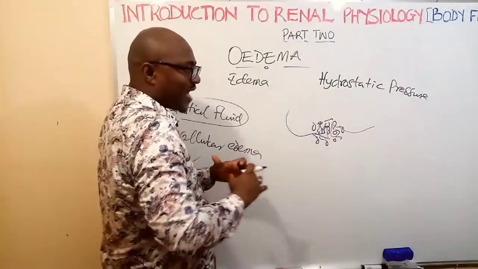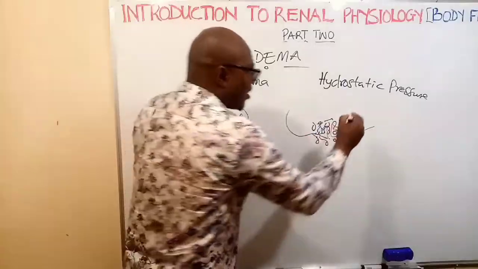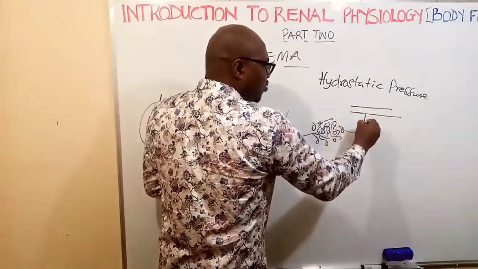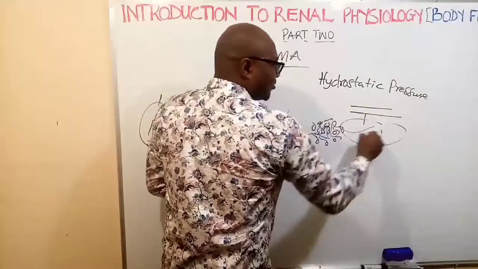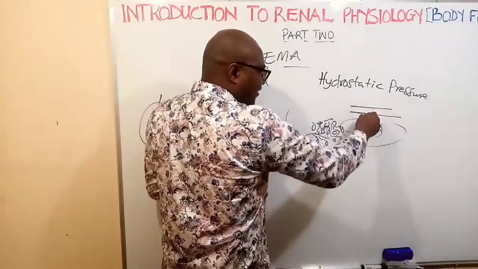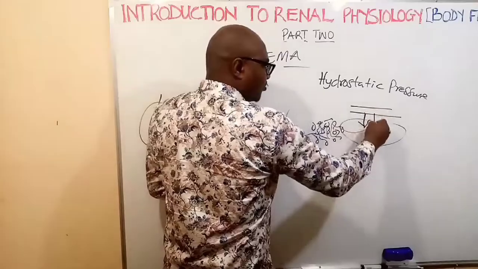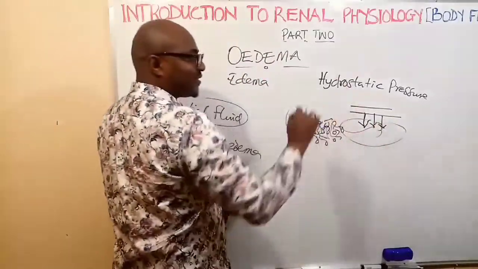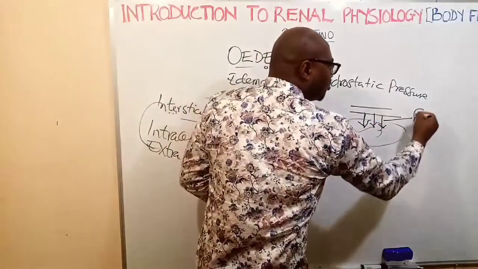Okay, so it's an outside force. So you have a blood vessel like this. Let's say this is a capillary. So, and this is the interstitial space. So it forces it down outside. So this process is known as filtration.